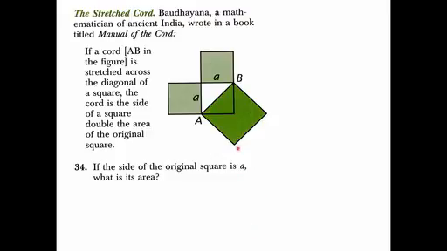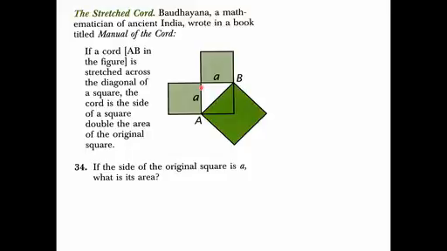All right, next we have an Indian geometer in a book he wrote, Manual of the Chord. So it's about a stretched chord. So he's starting with this square right here that I just traced.